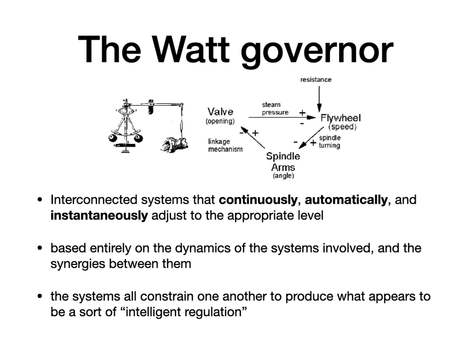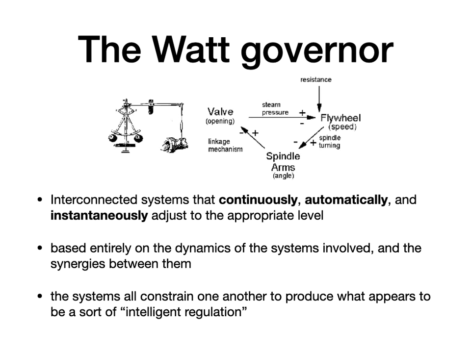In a steam engine, you can implement what's called a Watt governor. The basic idea is that the Watt governor connects the movement of the flywheel itself, the thing being driven by the steam pressure, back to the valve that controls the steam. So what this does is it creates this interconnected system that feeds back in on itself, and it continuously, automatically, and instantaneously keeps itself adjusted to the correct amount.